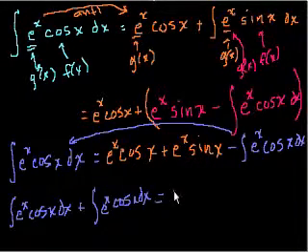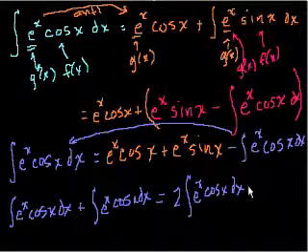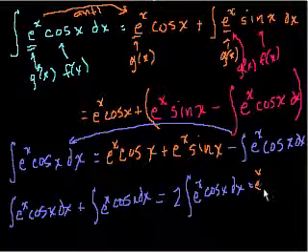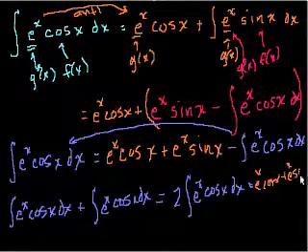And that's just the same thing as 2 times the integral of e to the x cosine of x dx. And then that equals this term, which equals, and I'm running out of space, e to the x cosine of x plus e to the x sine of x. I know it's really messy. But all I have to do now to solve this integral is divide both sides by 2, and I'm done.